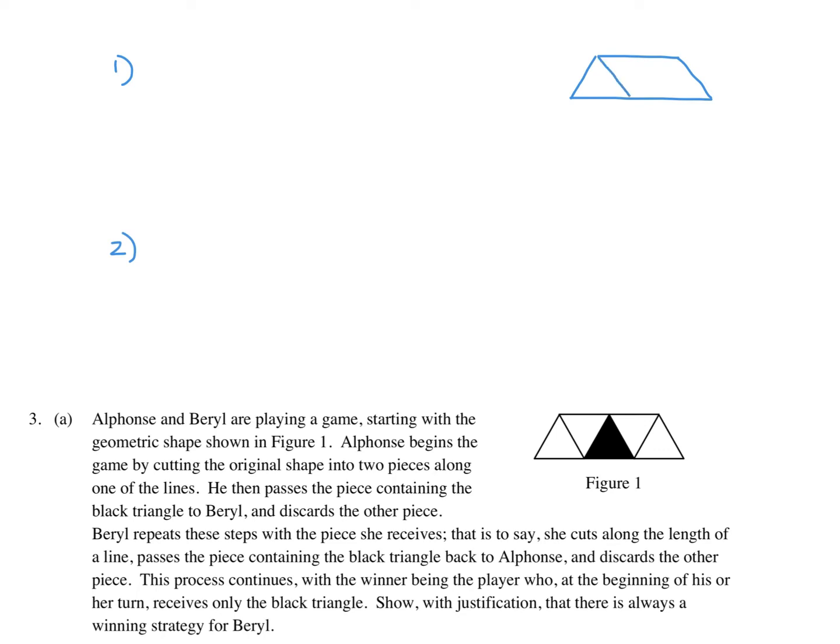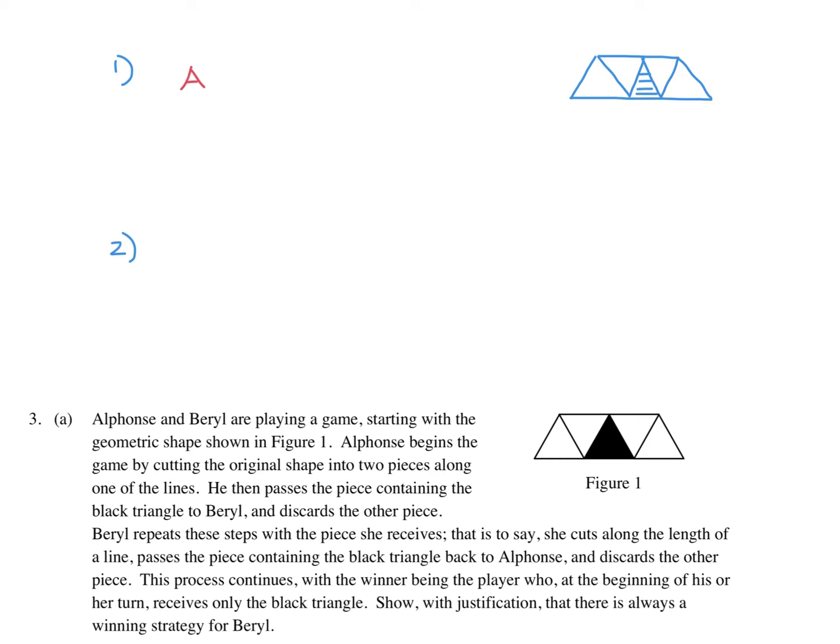Not drawn to scale, but you get the idea. Now what they're saying is that you have to cut this along one of the existing lines, so either there, or here, like that. So here's the strategy. Who goes first here? Alphonse begins the game, right? So Alphonse goes first.